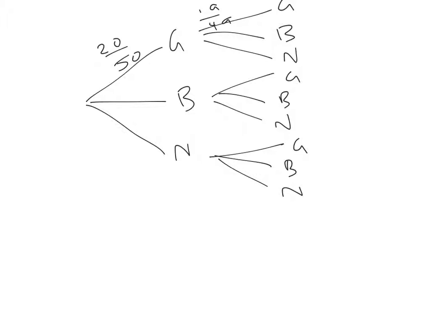So if we've used a good card in our first selection, we have 1 less, and we had 50 cards to start with, and now we've got 1 less because we've already used it. Yeah. So as we move along the branches, we will get this effect happening.